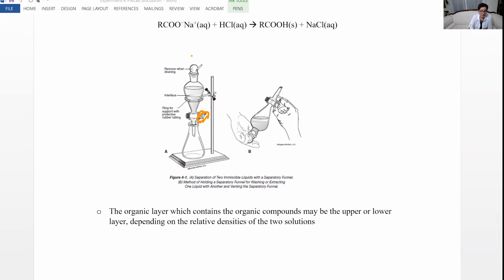The glass stopper must be greased because when you are shaking the separatory funnel, you invert it, and when you are venting, meaning that you're opening the stopcock and letting any accumulated gas that builds up pressure be released. And often this needs to be done inside the fume hood and not facing you or someone else.